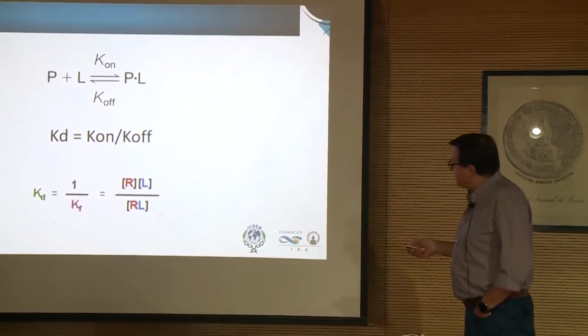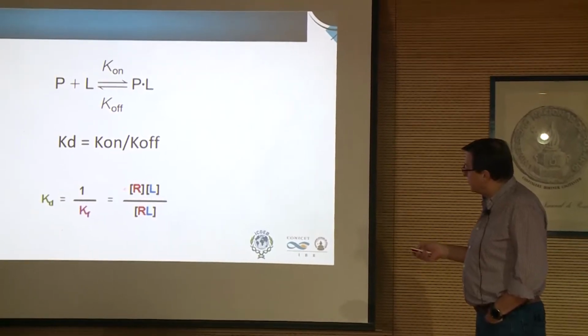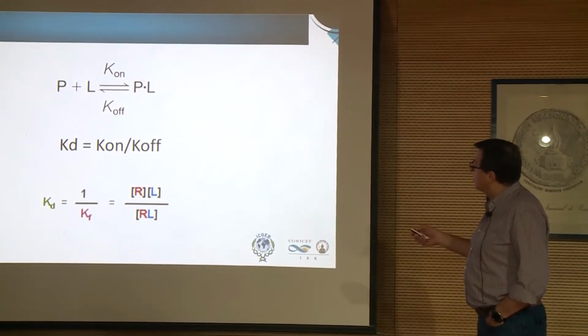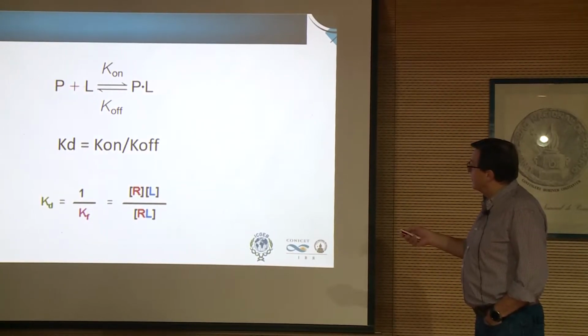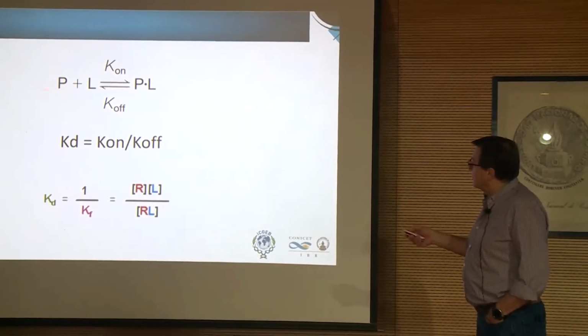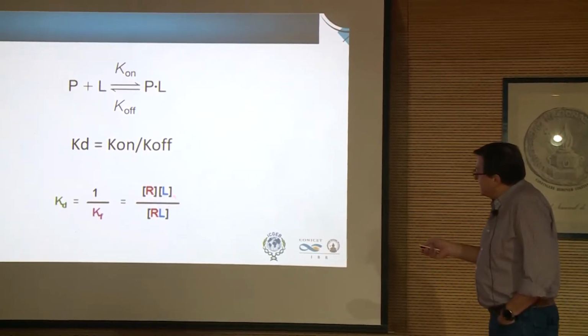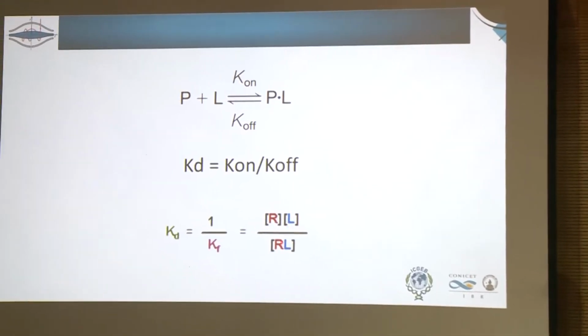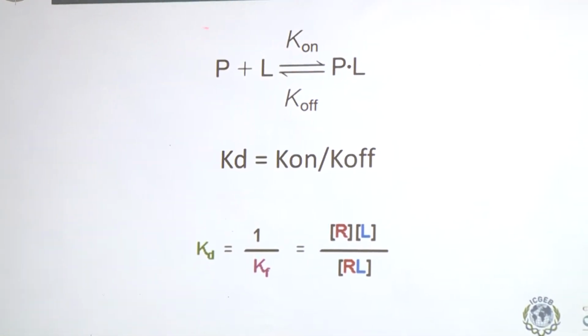That means that you can calculate this constant from the concentration of the complex and each one of the ligands, and that means that any change in this relation will produce a change in the equilibrium.